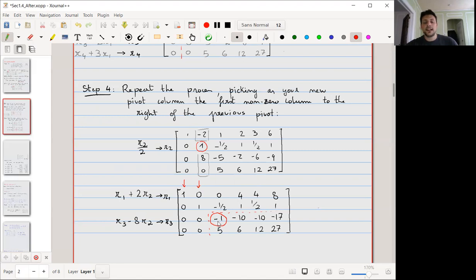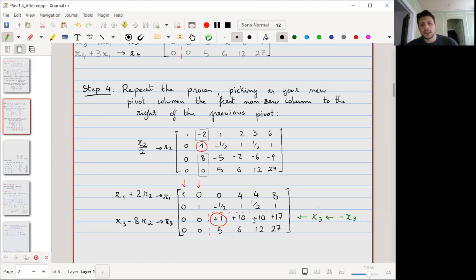Now, the next step is to make the entry in the pivot position a 1. The way that I can turn a -1 into a 1 is by replacing my third row with minus itself. In other words, I am free to change the signs to every entry in the row.